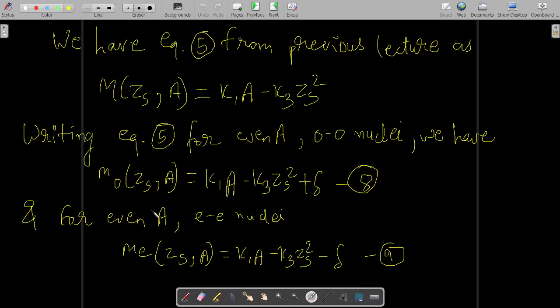For even A only, A will be even in both cases, but instead of odd-odd we have an even-even nucleus. The same expression: as even-even nuclei are more stable, the mass must be reduced, so we have subtracted delta. So this is your equation number 9, and this is your equation number 8.